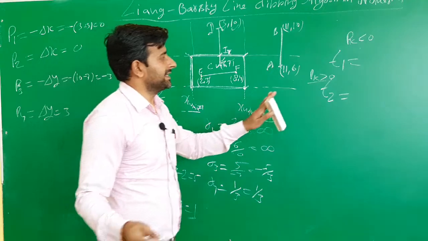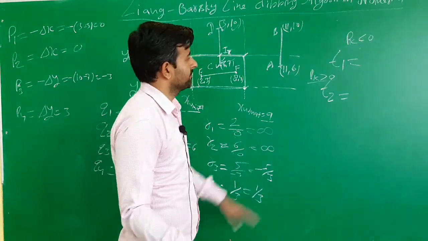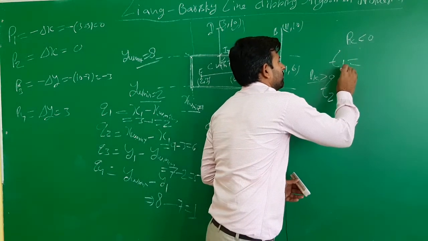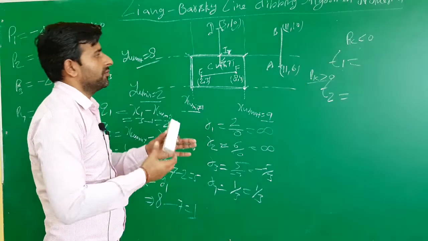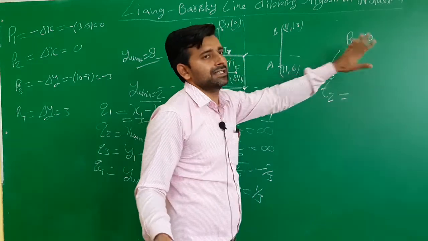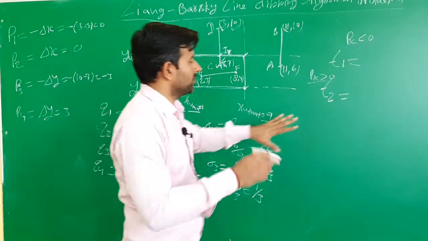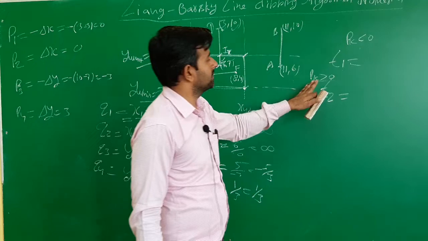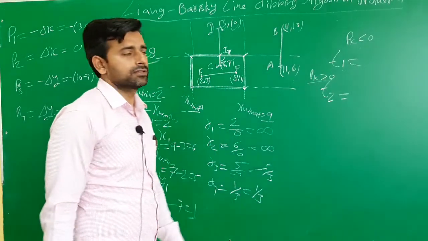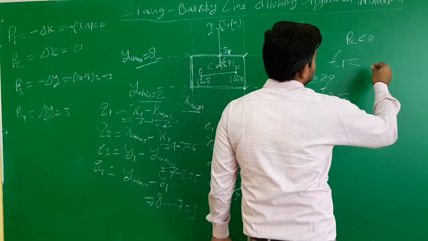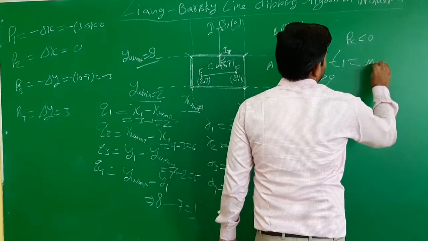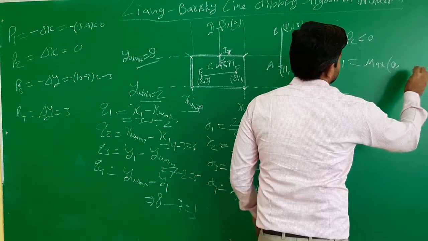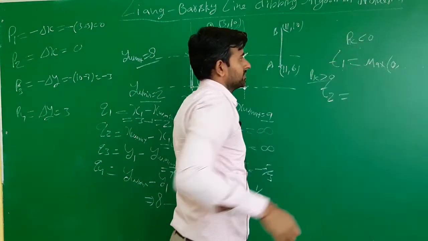As we know in the algorithm, for T1 we take a set of 0 and all the values where P is less than 0, and for T2 a set including 1 and all the values where P is greater than 0.